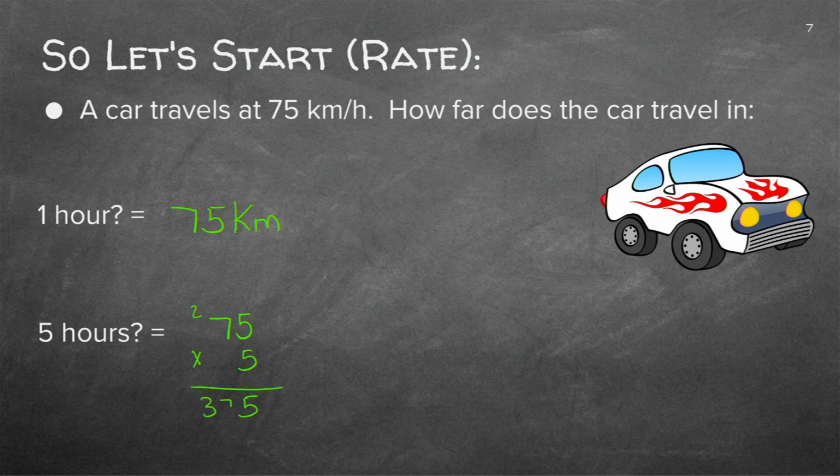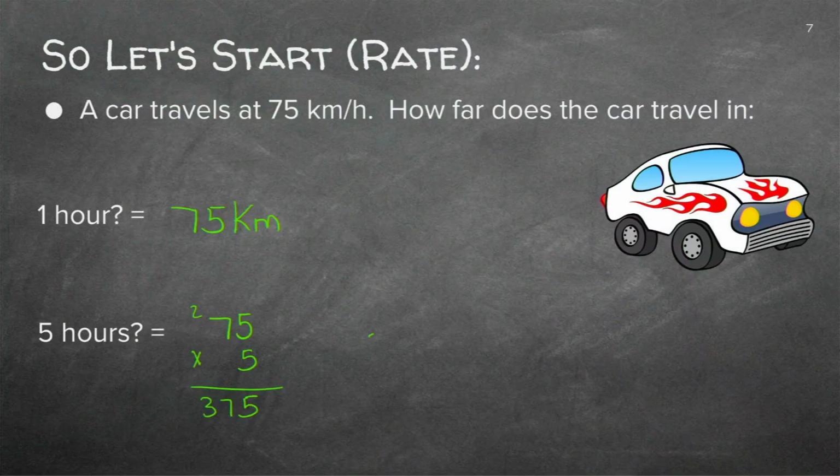The answer will be 375. So how do I write it as a rate? They're asking for 5 hours. You're not going to write it as, right? 375 kilometers per 5 hours. And that's how easy it can be, boys and girls.